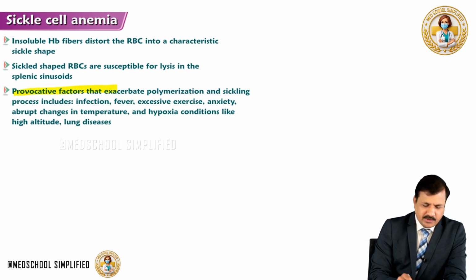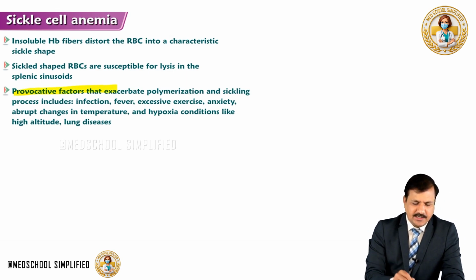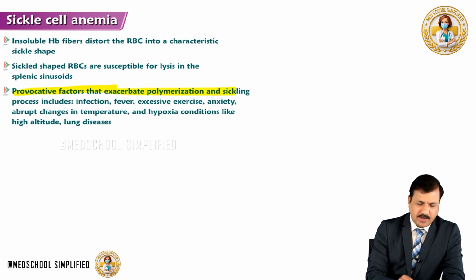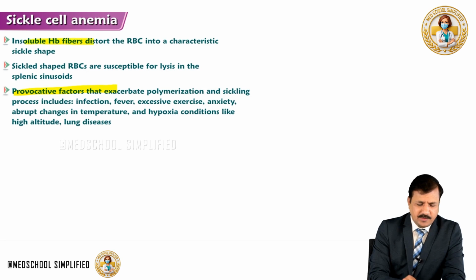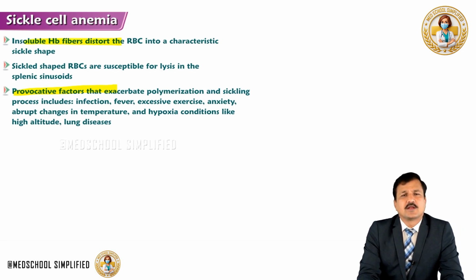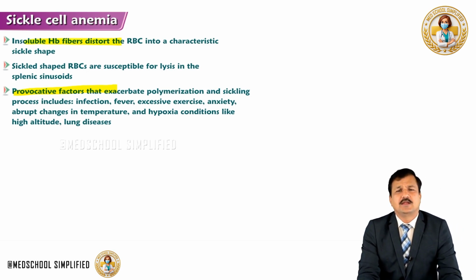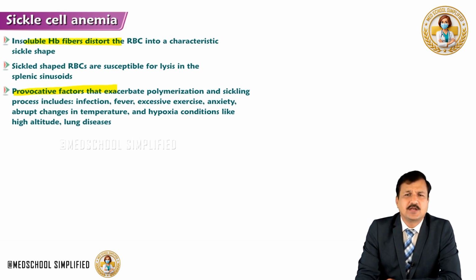Now some of the provocative factors that lead to sickling and the polymerization process. Because of the insoluble hemoglobin fibers that form in sickle hemoglobin, especially when hemoglobin goes into the deoxy condition, there are changes in the shape of the red blood cell.